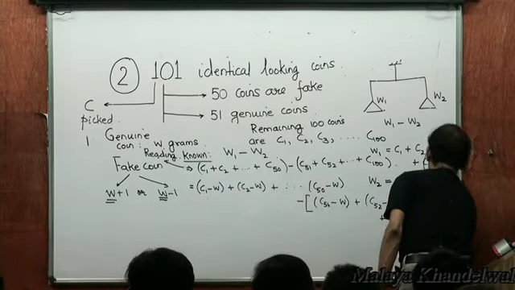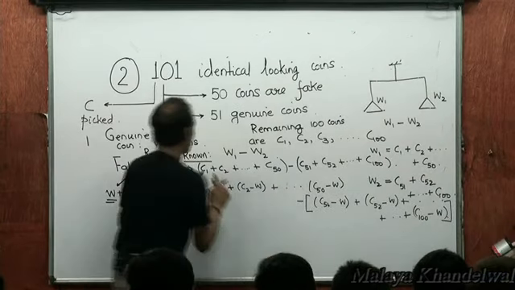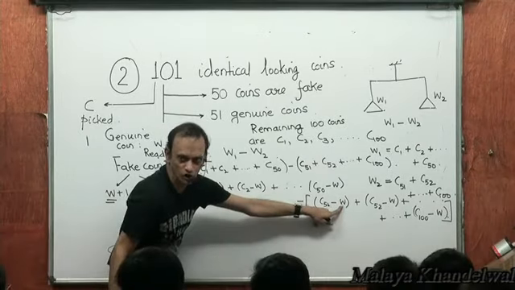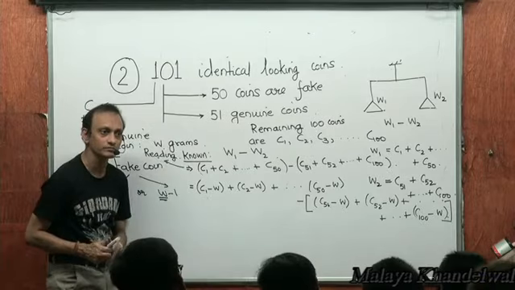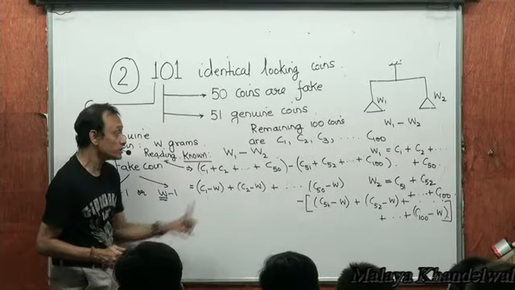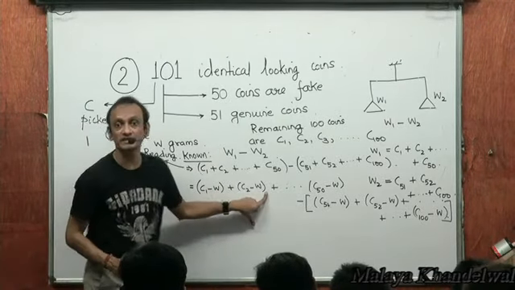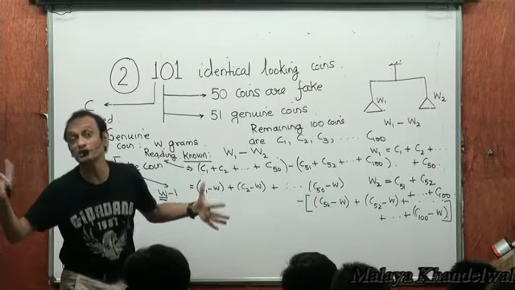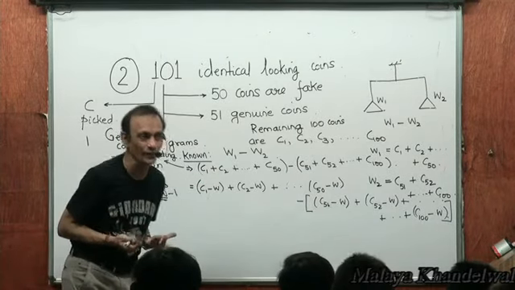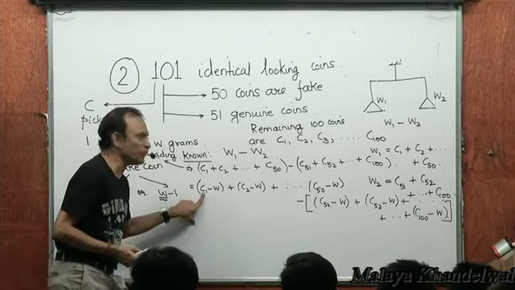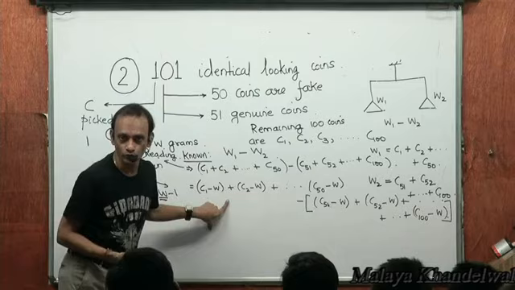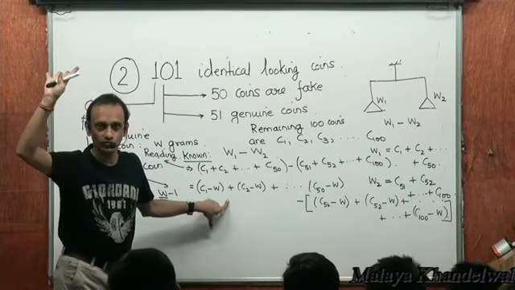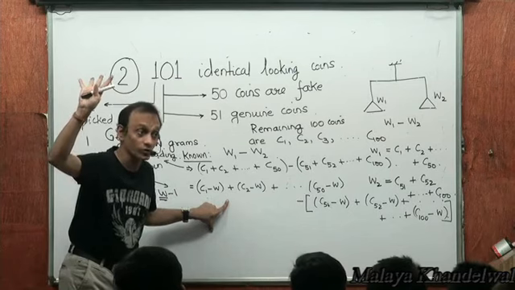Can I do this? The minus W will get cancelled with a plus W. So there is no issue with this. Each of these Ci minus Ws would either be 0 or plus 1 or minus 1, yes or no? The difference between the weight of a coin and W would either be plus 1 or minus 1 or 0.